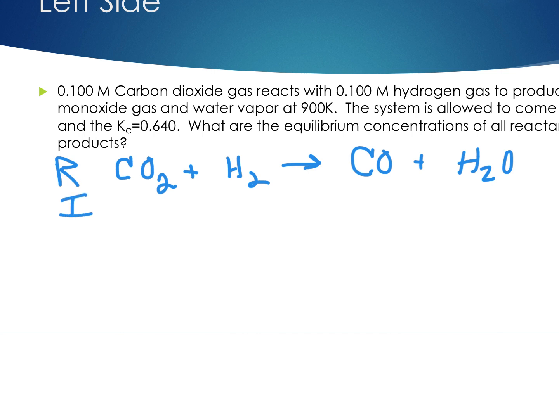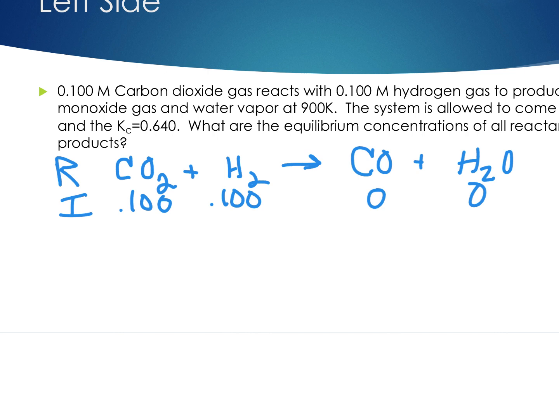Then I start with my initial concentrations. The initial concentration of carbon dioxide is 0.100 molar. The initial concentration of the hydrogen gas is 0.100 molar. And the carbon monoxide gas and water vapor start out as zeros.